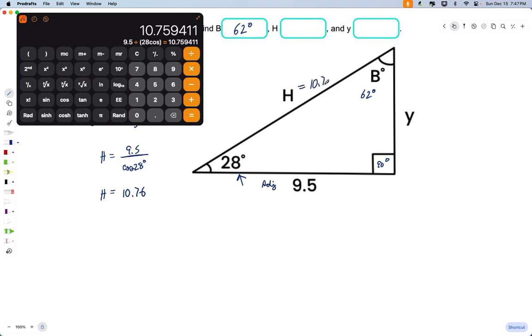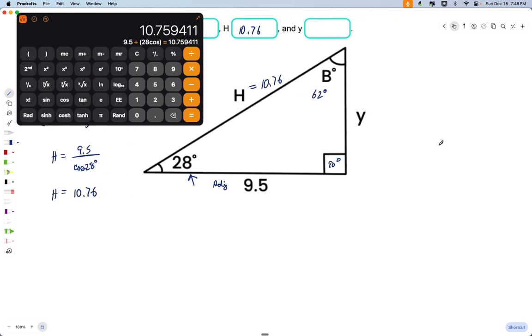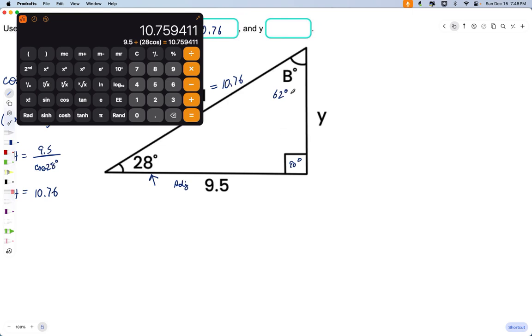So now we can find y. For y, I'm going to scoot this over a little bit. I'm going to use cosine of b, which is 62 degrees, is equal to, now this becomes y is adjacent to b. So I'm going to say adjacent over hypotenuse.